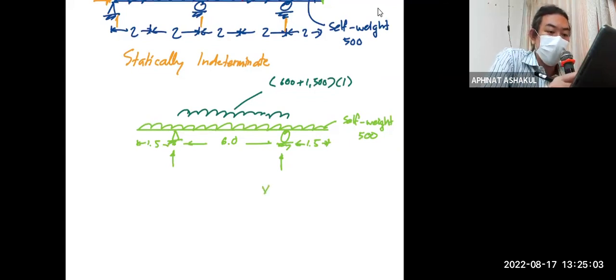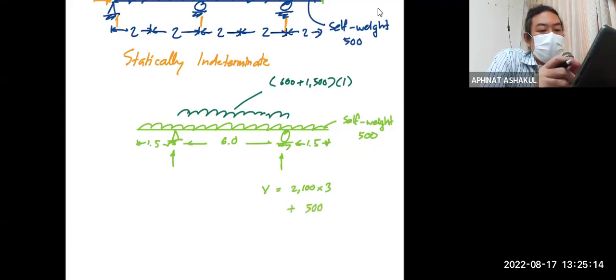So we have 2100 multiplied by 3 plus 500 multiplied by 4.5.